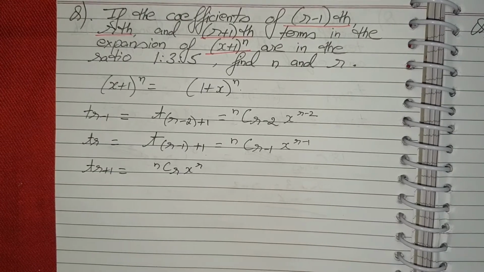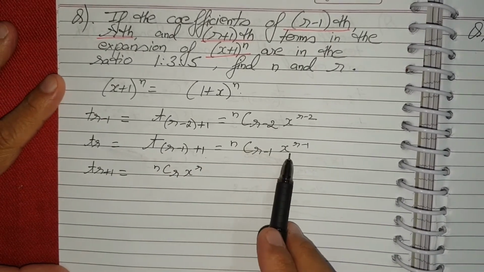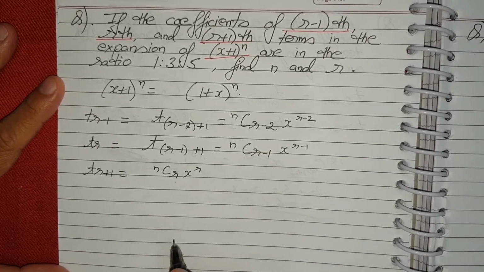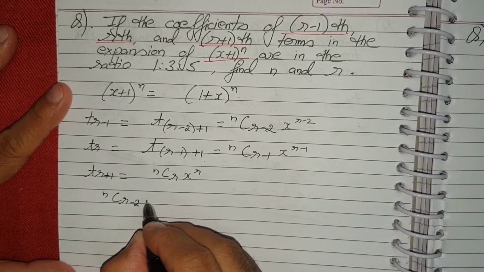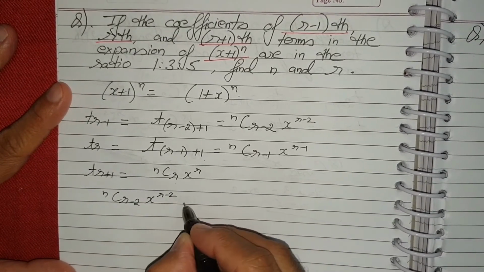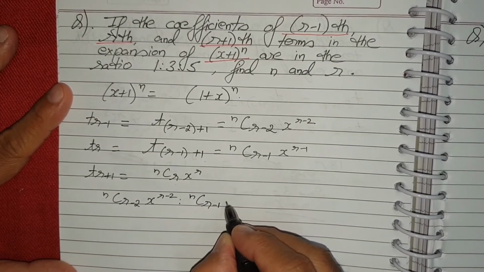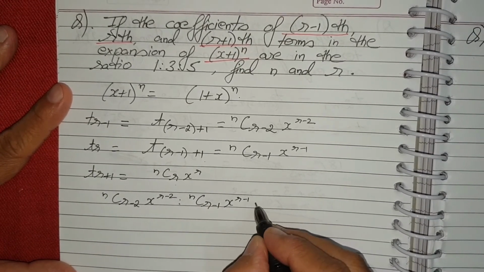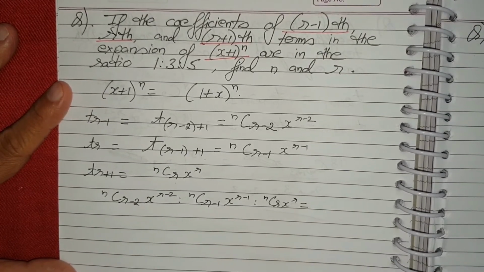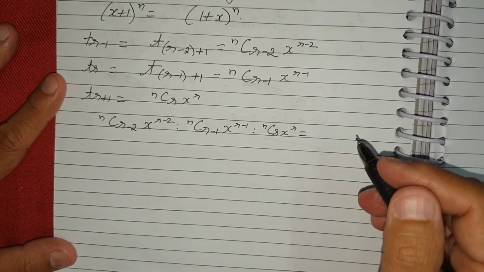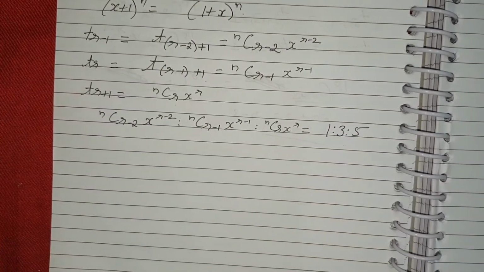Now the ratio is 1:3:5. So we can write nCr-2 x^(r-2) is to nCr-1 x^(r-1) is to nCr x^r is 1:3:5.